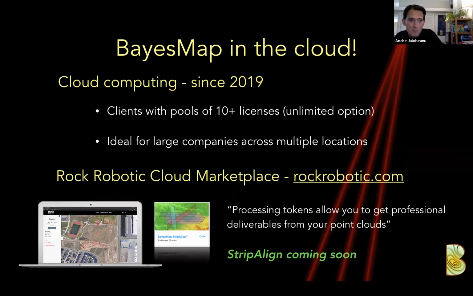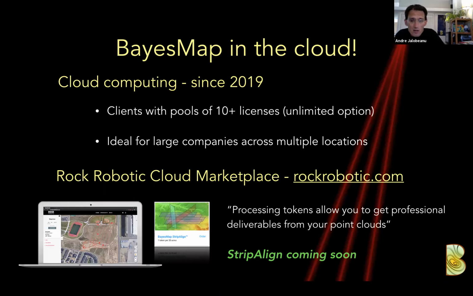Usually we have clients with pools of 10 or more licenses, having an unlimited subscription, and they process large amounts of data in the cloud. It's easy to use because it's multi-platform, so you can choose the Windows or the Linux version. It's ideal for large or very large companies across multiple locations to share data and collaborate without having to transfer files and do complicated stuff across workstations.